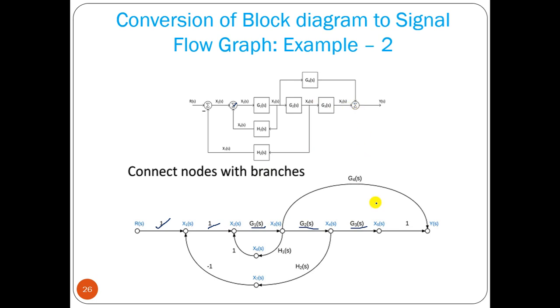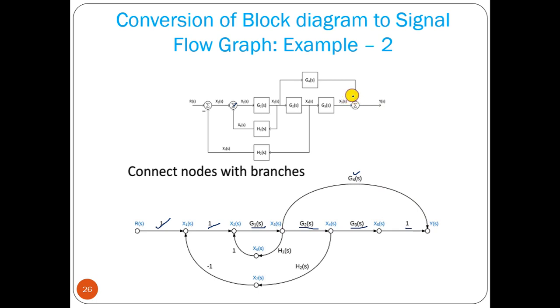Okay, and this is your YS. Here we have a summer. So from this X5 to YS, we have the value 1 because of this summer. And from this X3 we have another path going to this summer, or to YS. So this is G4 going to YS.